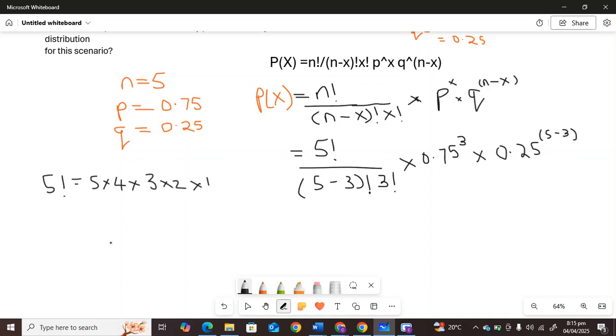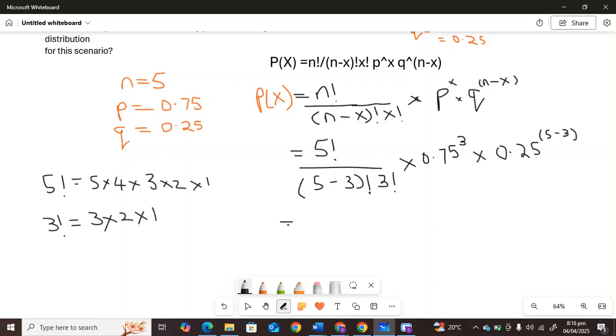Okay, 3 factorial is the same as saying 3 times 2 times 1. On your calculator, the factorial symbol is just this exclamation mark. That is the factorial symbol.